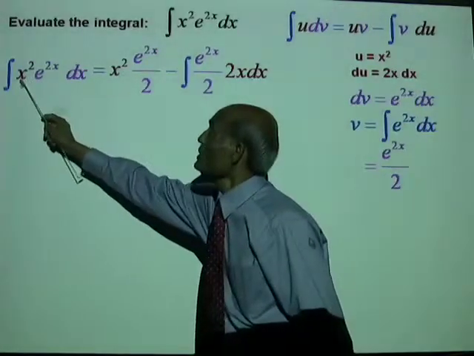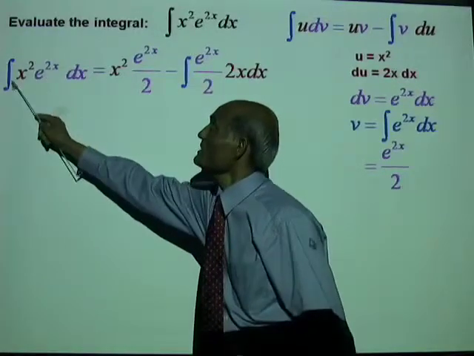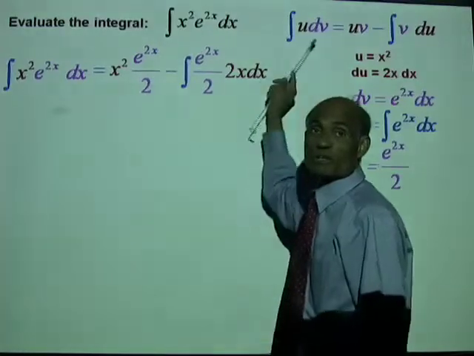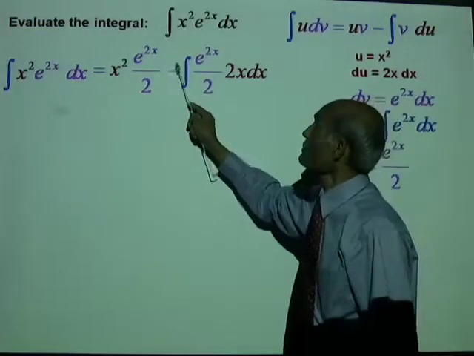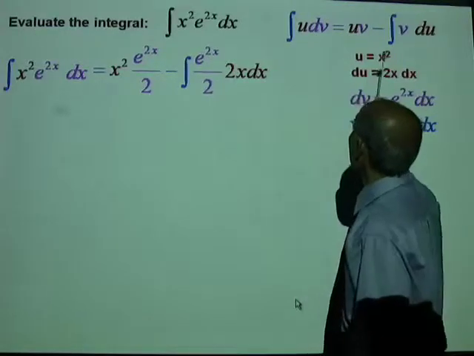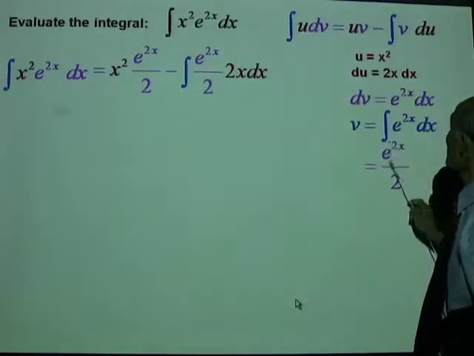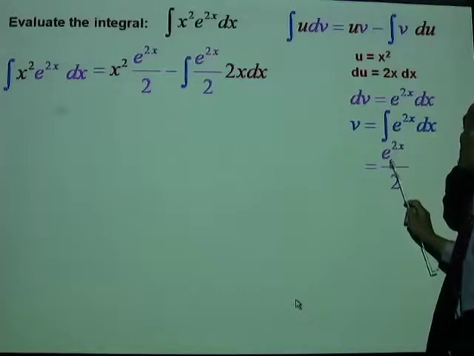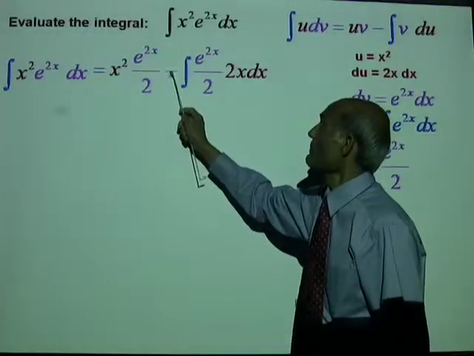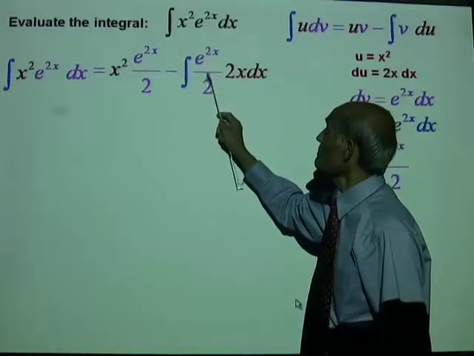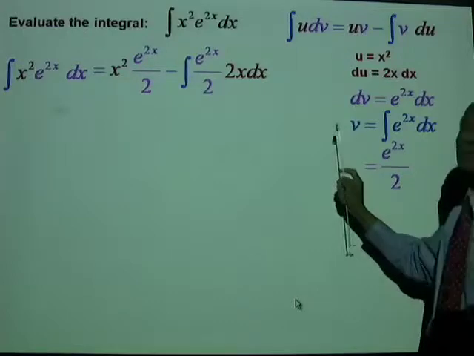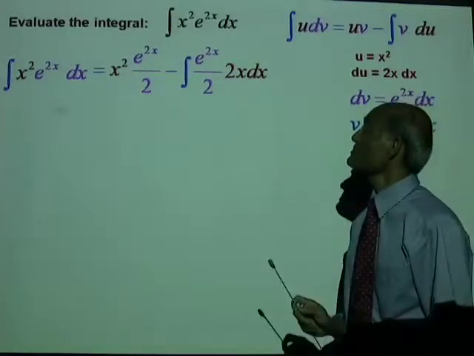So the integral of u dv is uv, minus the integral of v du. So we have u times v is x squared times e to the 2x over 2, that is u times v, minus the integral of v du. V is e to the 2x over 2, and du is 2x dx.